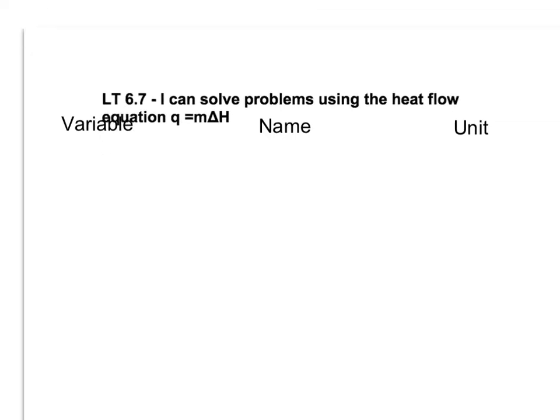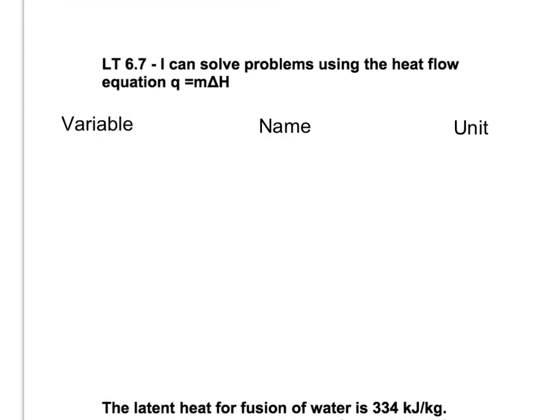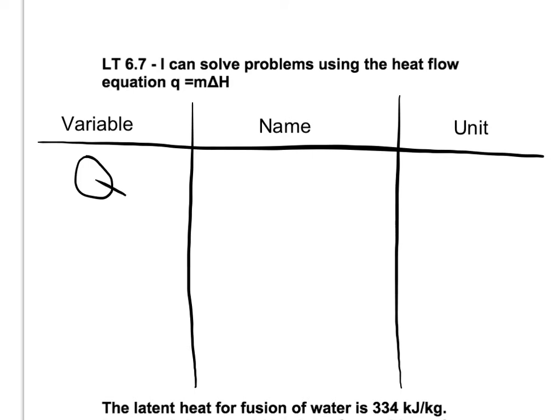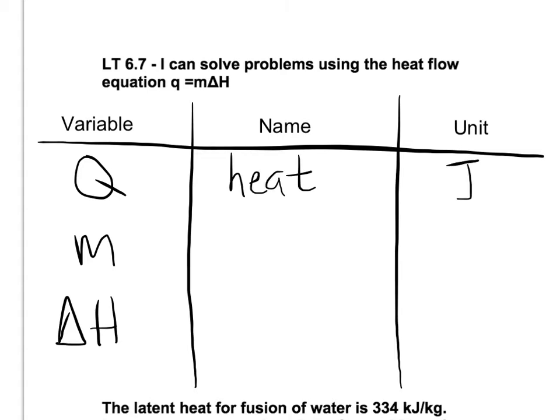Before we start doing anything with this equation, I want to first identify our variables. We have three of them: Q, M, and delta H. Q stands for heat, like always, with the unit of joule. M stands for mass, with the unit of grams or kilograms.